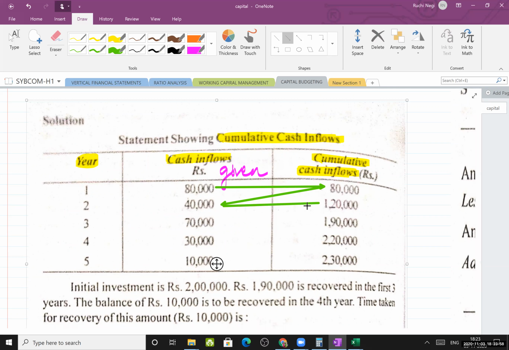Next, 1,20,000 plus 70 is how much? 1,90,000.